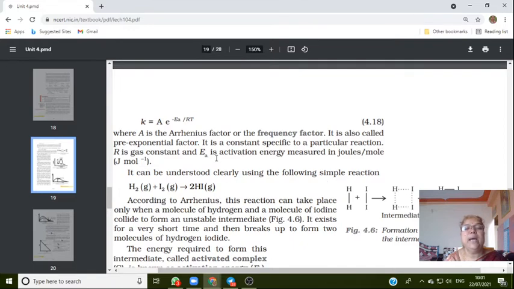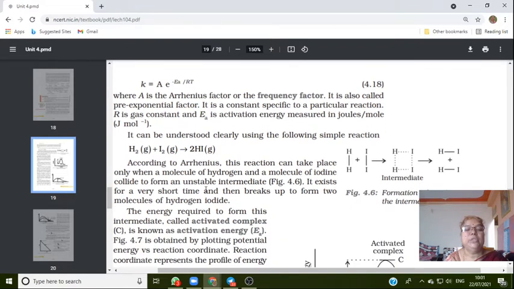What is this activation energy? Consider the simple reaction between hydrogen gas and iodine gas, and from the combination of hydrogen and iodine we get hydrogen iodide, HI. At first there is an H2 molecule and an I2 molecule.